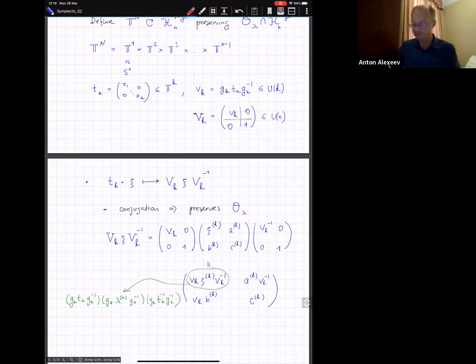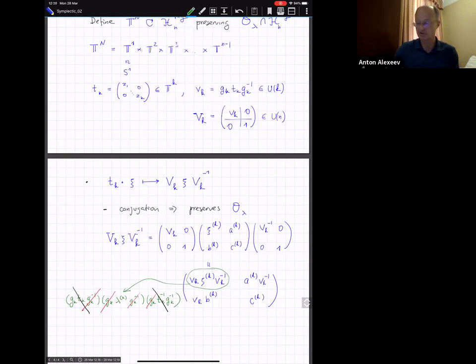Okay, so those cancel out. But now lambda is diagonal, Tk is diagonal, therefore Tk also cancels out.